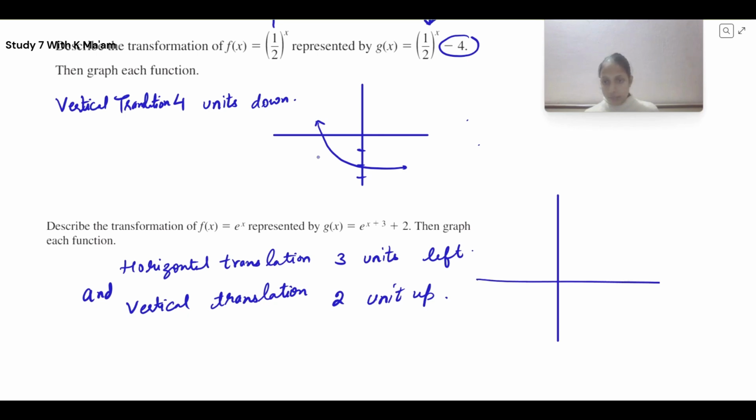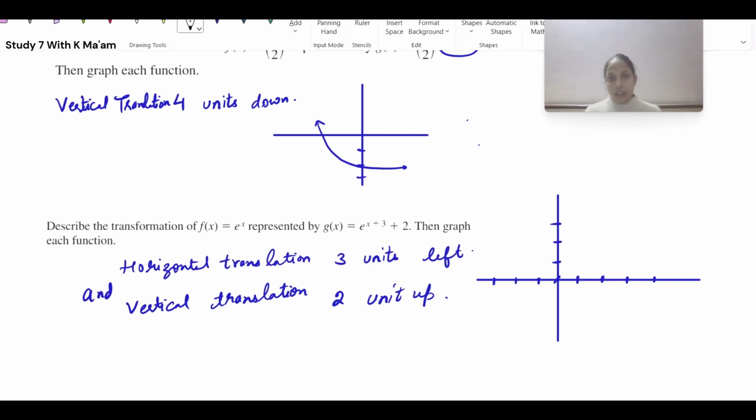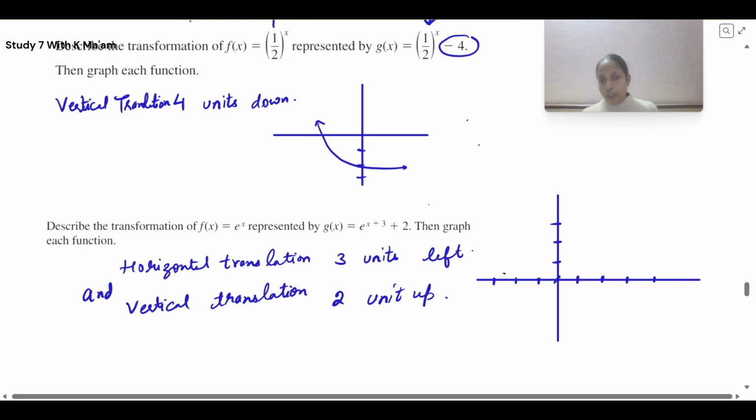Here I am drawing the graph of e power x.